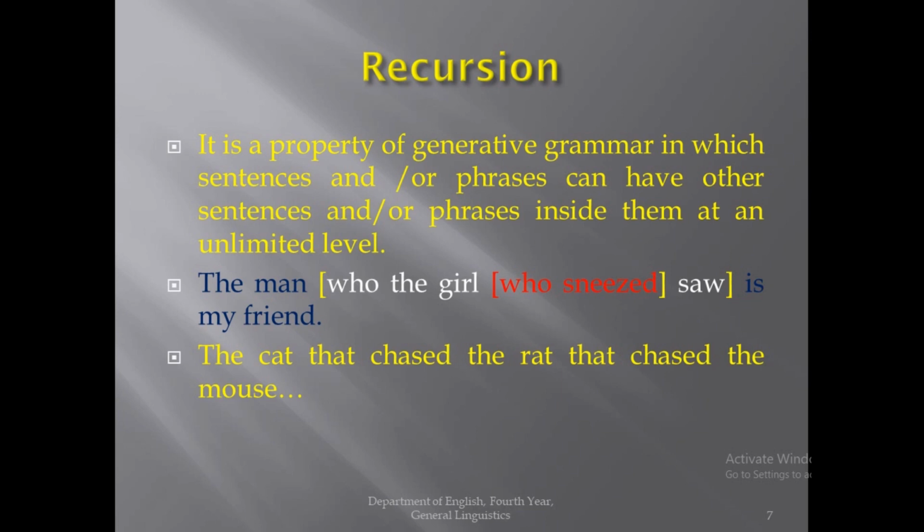We can use more and more of these recurred clauses, phrases, or sentences. And this recursion has another property, which is embeddedness. We will deal with it later on. This is another example: the cat that chased the rat, that chased the mouse, that, and so on and so forth. This is called recursion.